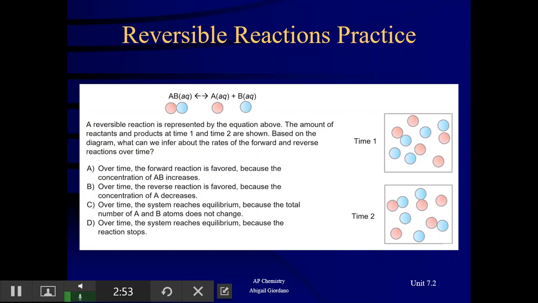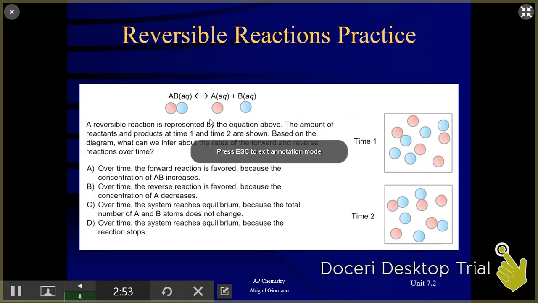We've seen these particle diagrams a lot where they represent reactants and products with dots. And so what we want to do, as we do whenever we have these particle diagrams, is count the particles. I'm just going to focus in on the pink dot A and count them.